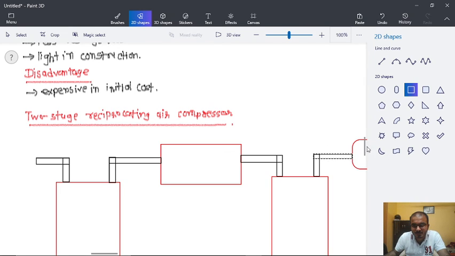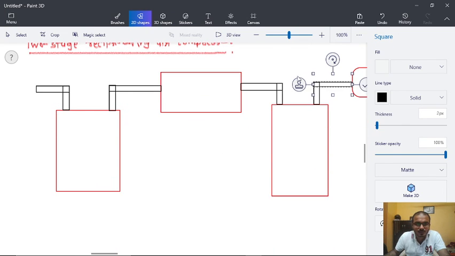As I was telling you, we are having two-stage compression.